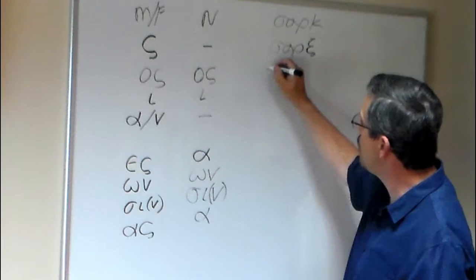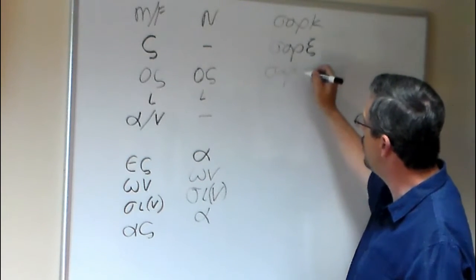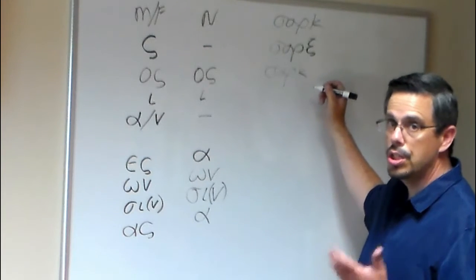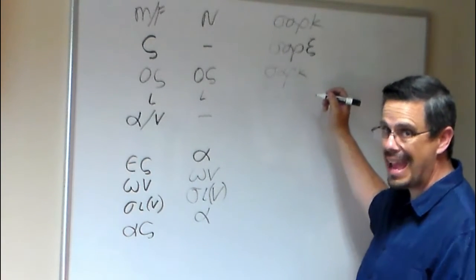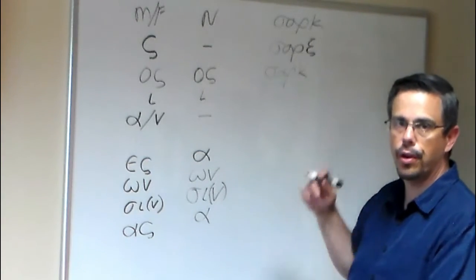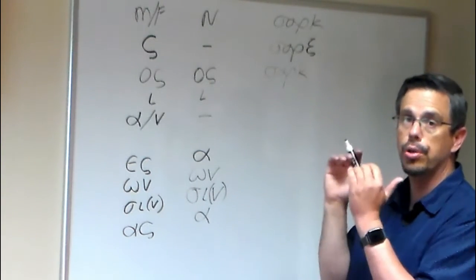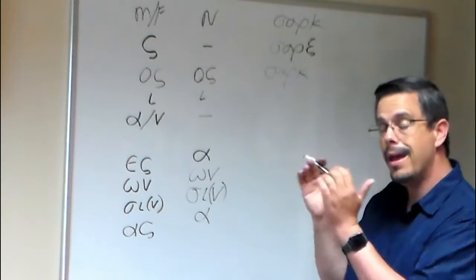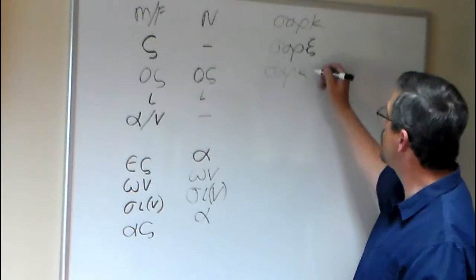Now, we don't have that change happening in the genitive. That's why Mounce encourages you to learn the nominative and the genitive. Let's say that again. He encourages you, when you learn your vocabulary of third declension, to learn the nominative, which is the lexical form, and the genitive. Sarkos.